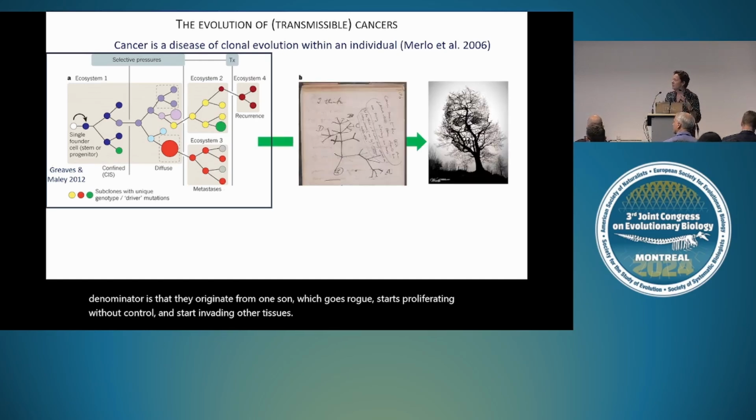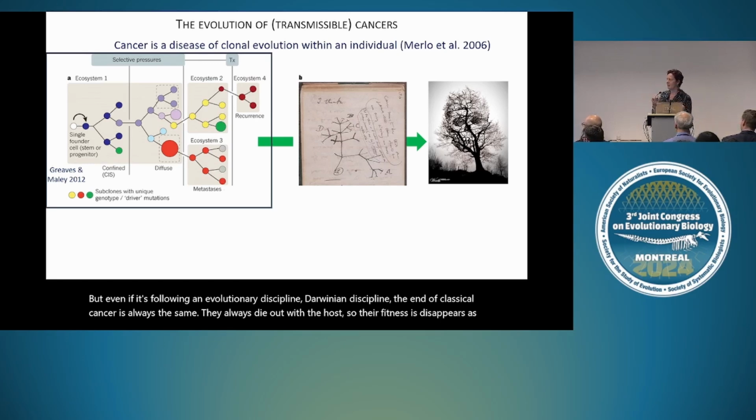Now we know that this whole process follows Darwinian principles, but even if it's following Darwinian evolution, the end of classical cancer is always the same. They always die out with the host. So their fitness disappears as soon as the host dies.